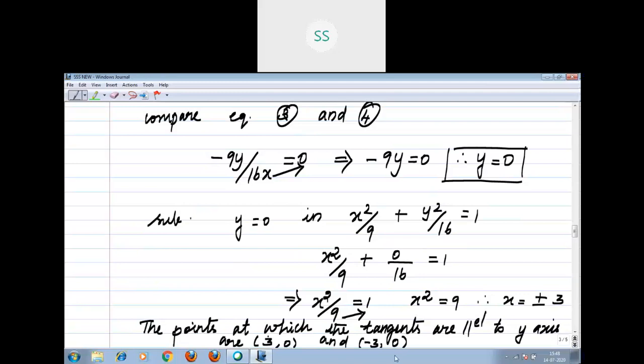You have to take positive and negative of x. Your y is standard as 0.